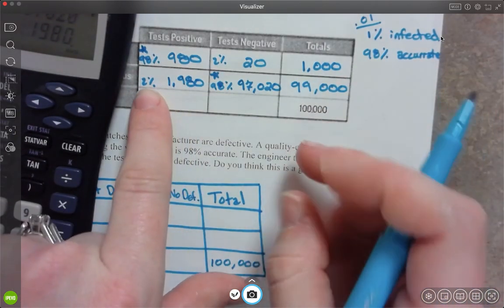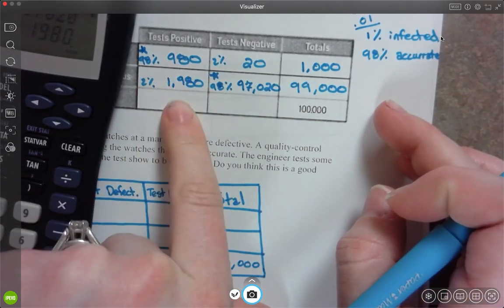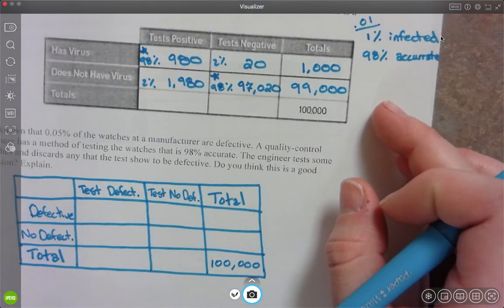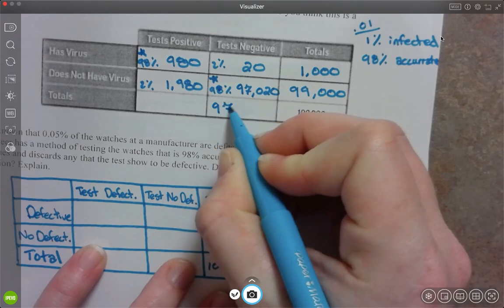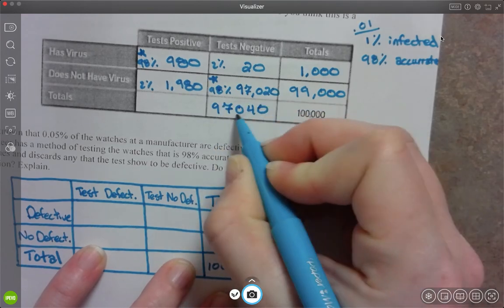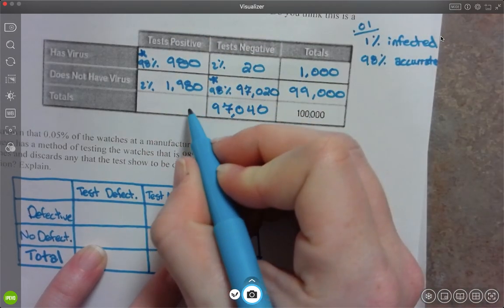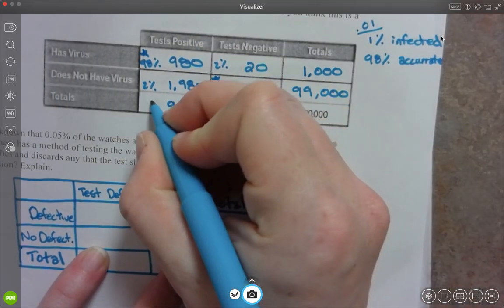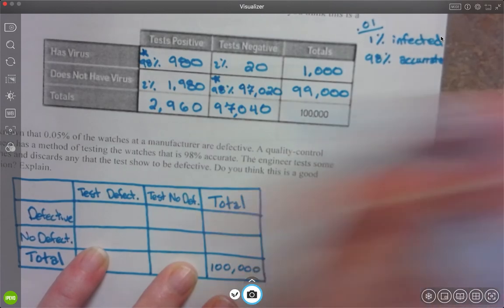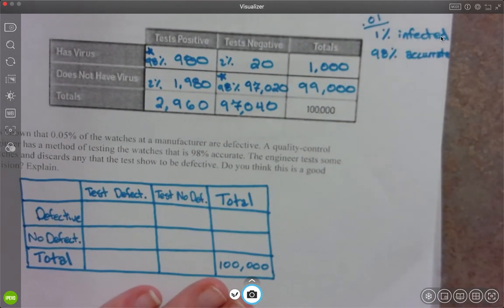Or I could have taken 2% times 99,000 to get that number also, okay? So adding these columns together, the total number of dogs that tested negative was 97,040. And the total number that tested positive was 2,960. Okay, all right.